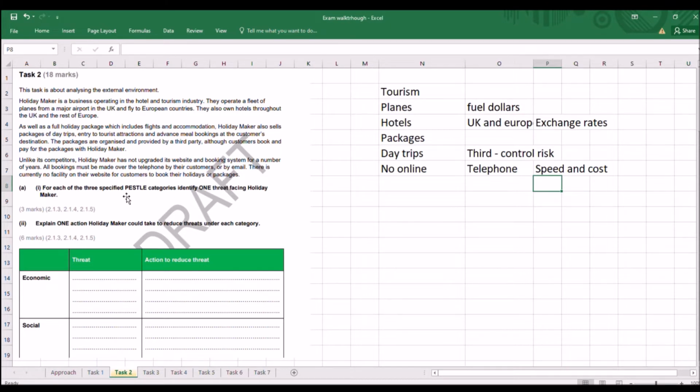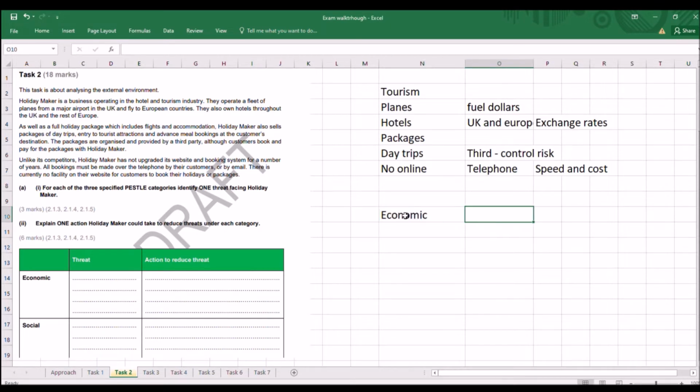Right. For each of the three specified PESTLE factors, so we've got political, economic, social, technological, legal, and environmental, identify one threat facing Holidaymaker, the company. So we've got economic.